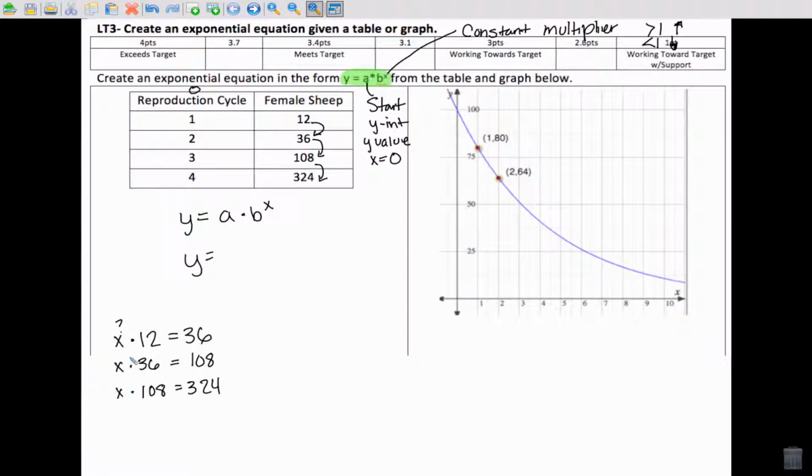Well, you guys know from solving equations that the opposite of multiplying is dividing. So if I took 36 and divided it by 12, and if I took 108 and divided it by 36, and if I took 324 and divided it by 108, with all of these, I get a ratio of 3.